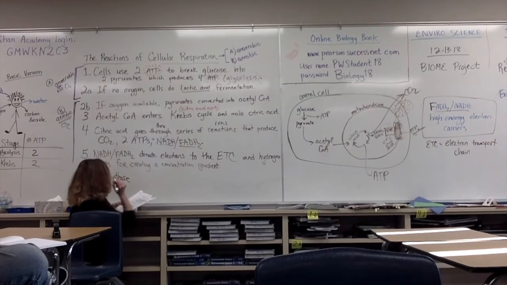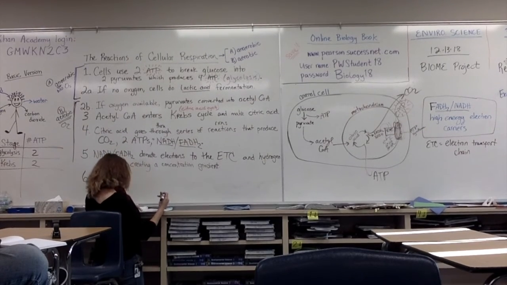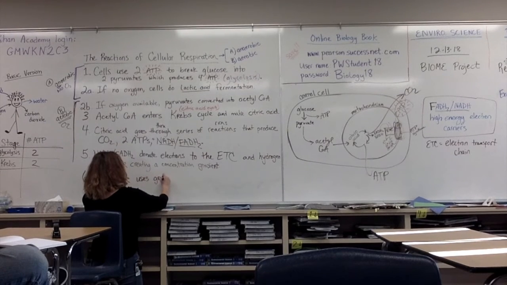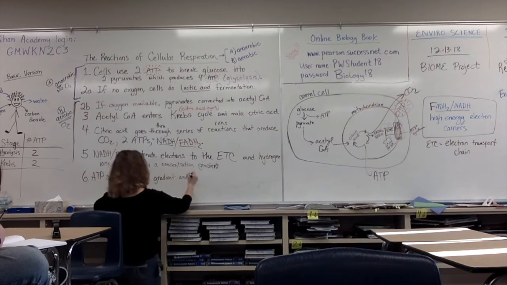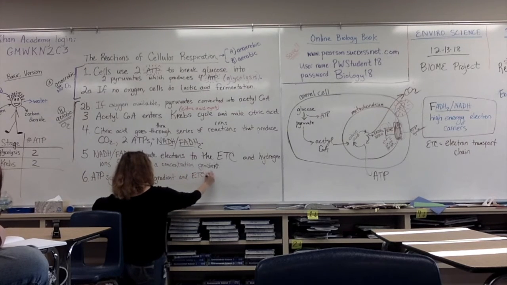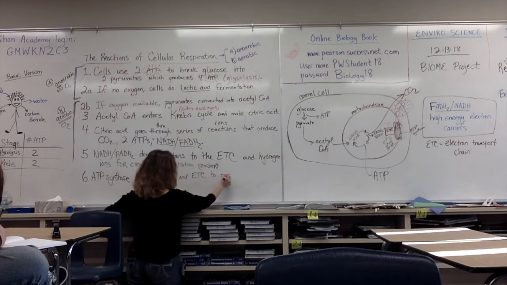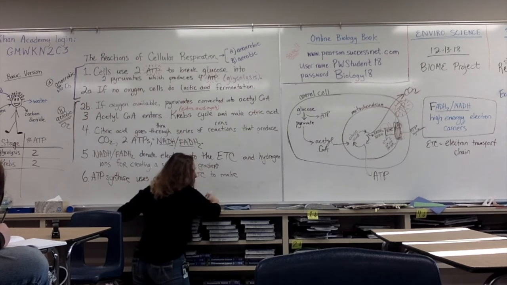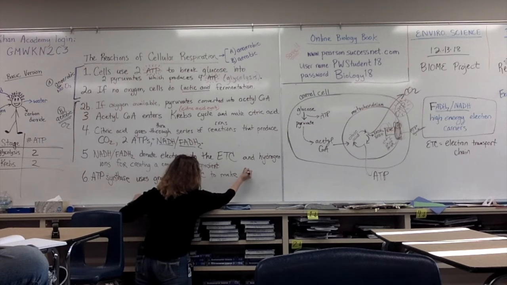Let me write down the last step. Okay. ATP synthase uses the gradient and electron transport chain to make two things. It makes ATP.